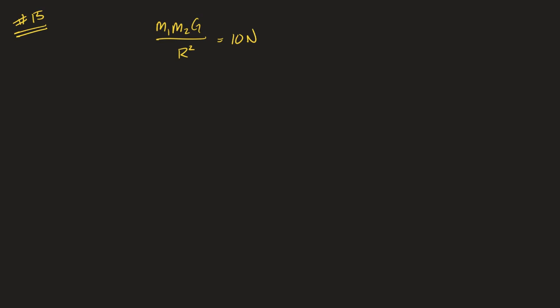It says the distance is doubled. All right, so I'm assuming they mean the separation distance, R. So M1 stayed the same, M2 stayed the same, G stayed the same. I'm rewriting the function, but I'm putting the value of the change in there. They said that R doubled. So the first thing I would do is rewrite the function, put in the change.